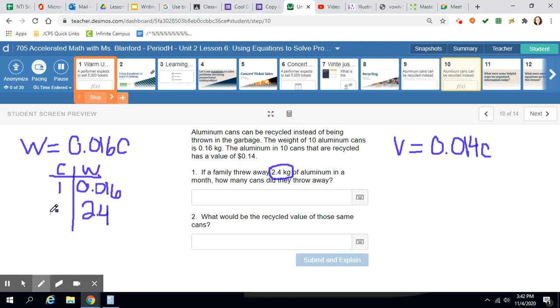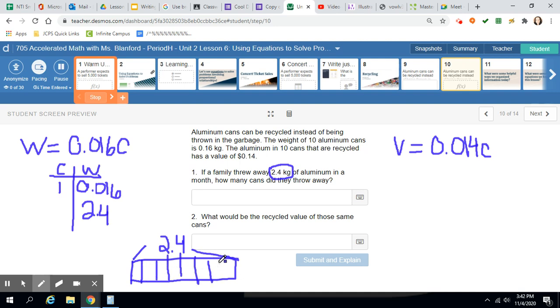We multiply this number, whatever it is, times 0.016, right? If all the weight is 2.4, then how many cans is that?